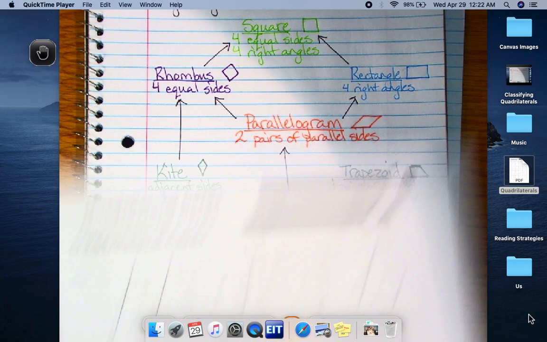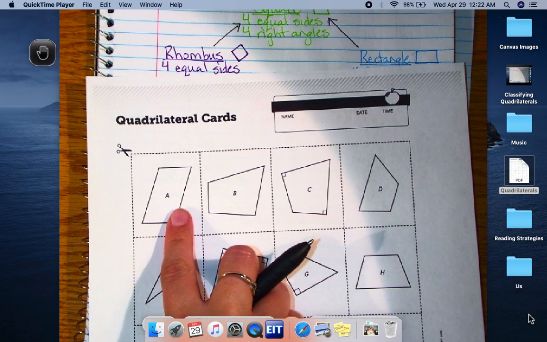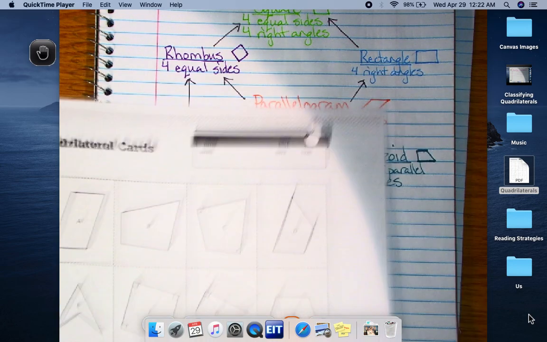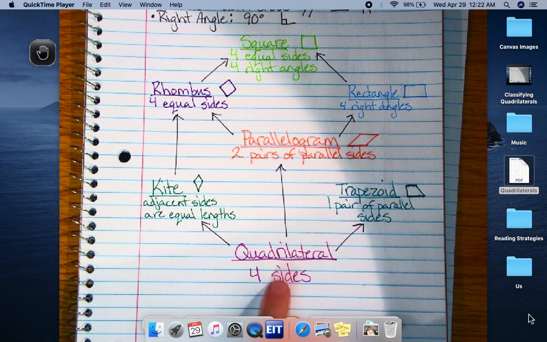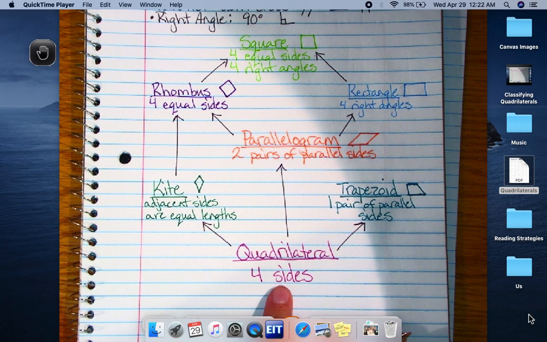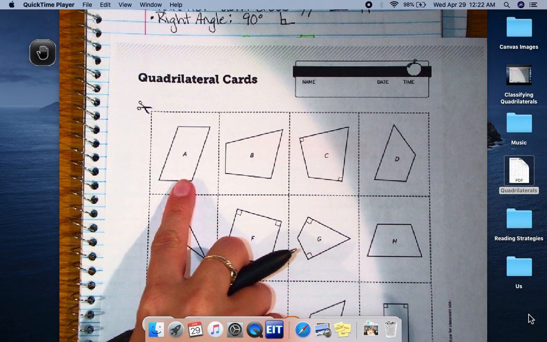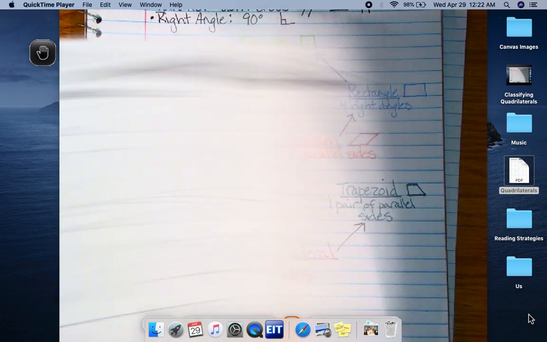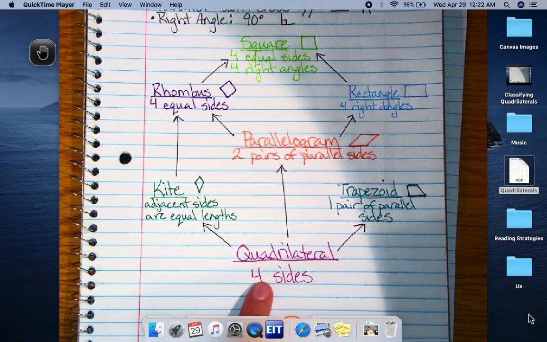So let me give you an example of how I would find the most specific name for shape A. I'm going to start at the bottom of this list. You might want to have this document pulled up, and you might want to copy this down in order to answer the questions.